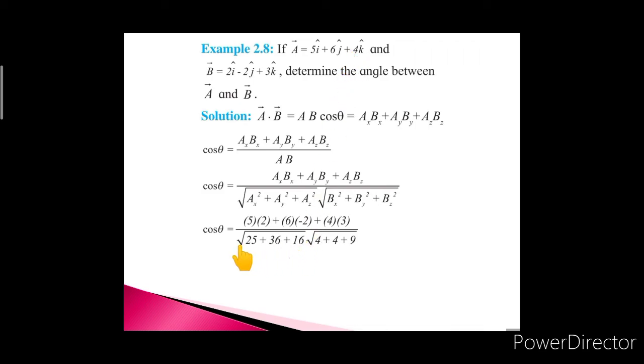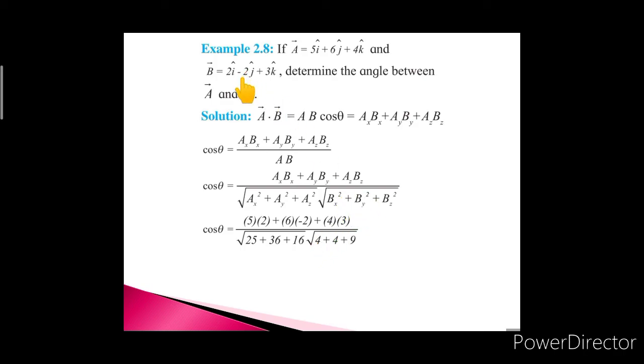So, the magnitude of vector A is to be written as square root of 25 plus 36 plus 16 into B, which is the magnitude of vector B. It is to be written as square root of Bx square. Bx is 2, its square is 4, plus By square.